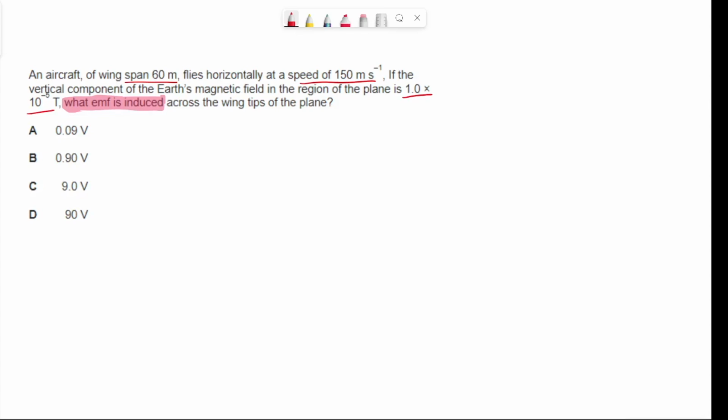Rather, they've asked for the EMF induced to be determined. So we'll start with the same diagram as follows. Our wingspan is 60 meters, but we'll notice that there is no area given in this case.